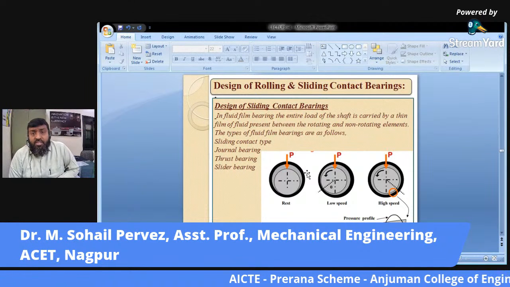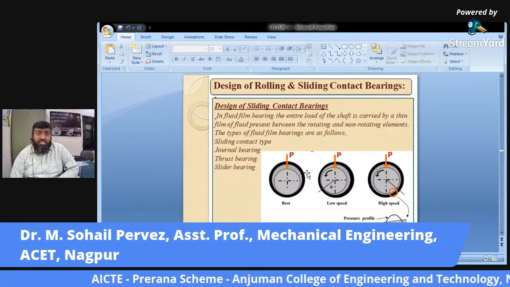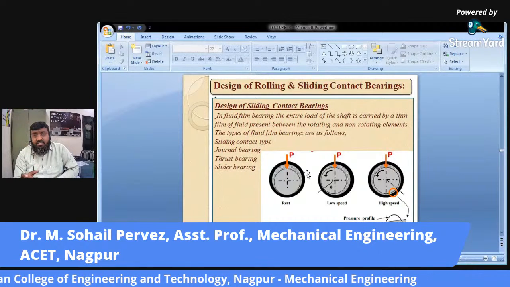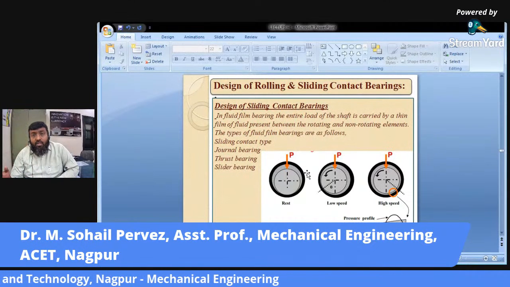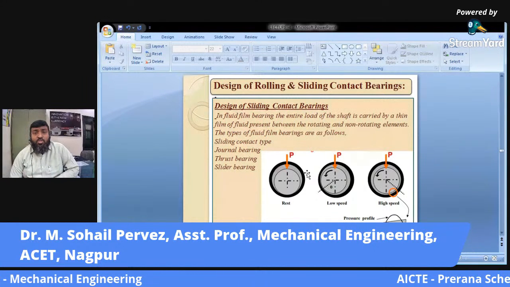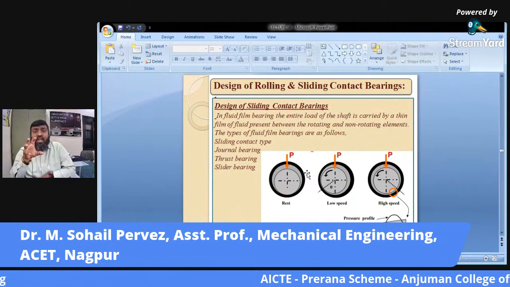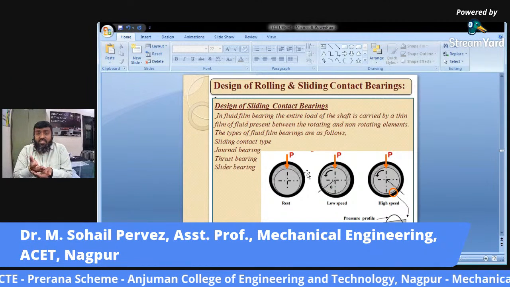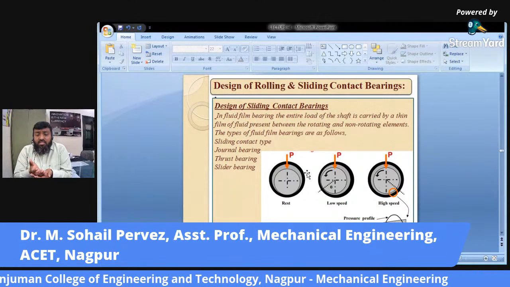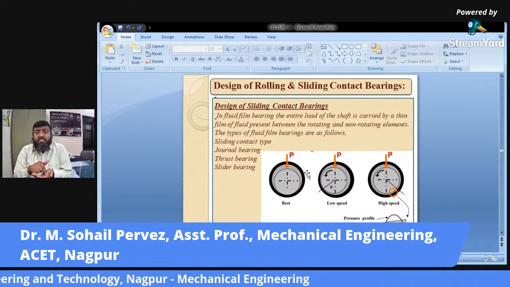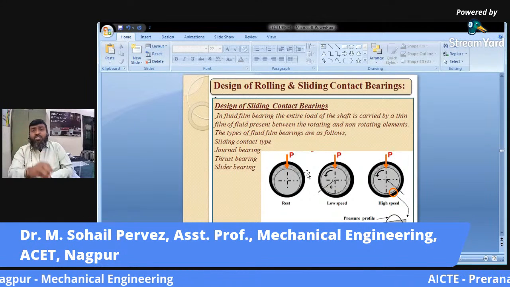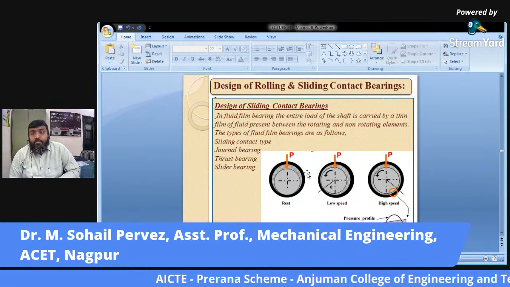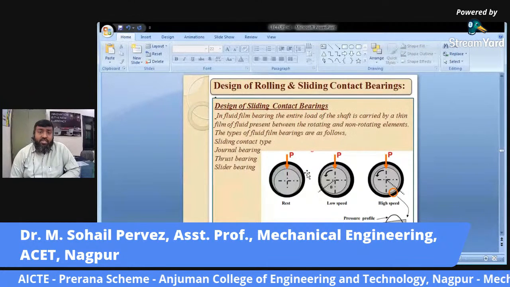The different types of lubrication which we generally use: hydrostatic lubrication, wherein a lubricant, either oil or gas or air, is pumped from an external source between the shaft and the bearing pad surface, so that the shaft surface can be slightly separated from the bearing surface, so that minimum friction is there, and this type of arrangement is known as hydrostatic type of lubrication.